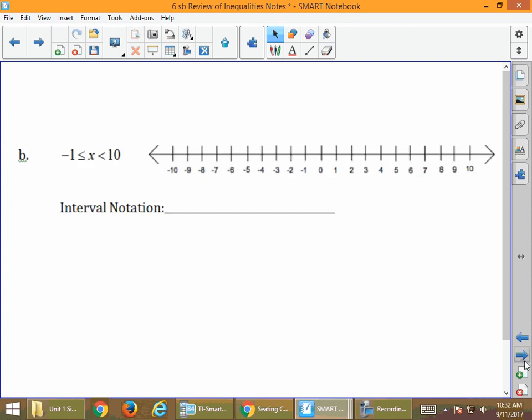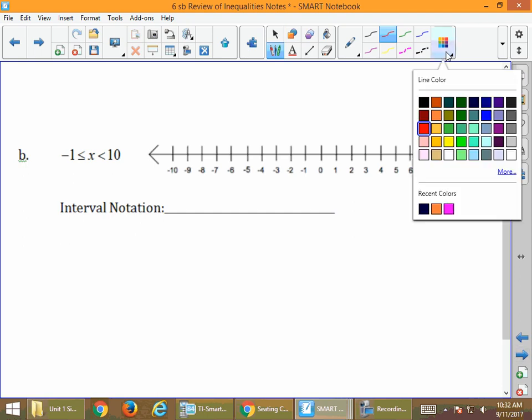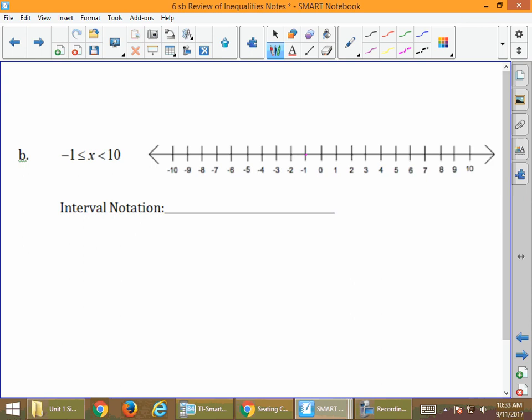If we look at the next one, x is between -1 and 10. So we're going to go to -1. Are we going to have an open circle or a closed circle on -1? Well, it's -1 is less than or equal to. We're going to have a filled in circle. Then we're going to go to 10. It does not have an equals on it.